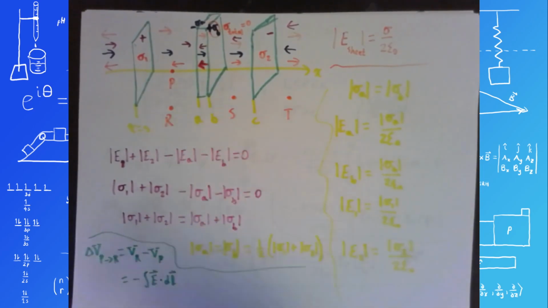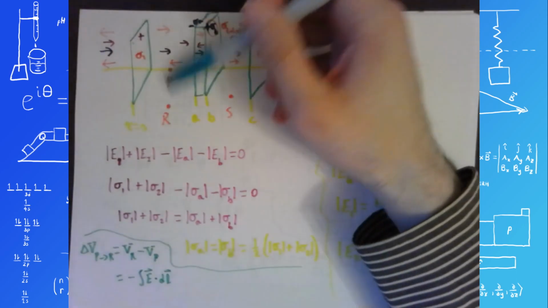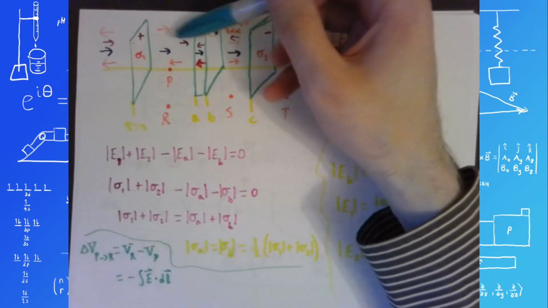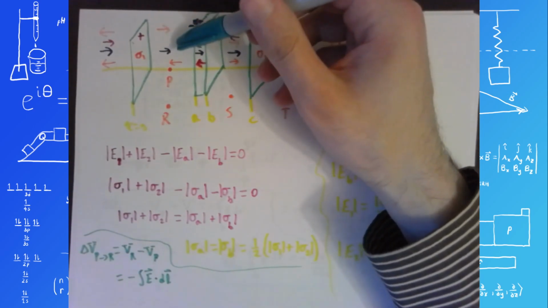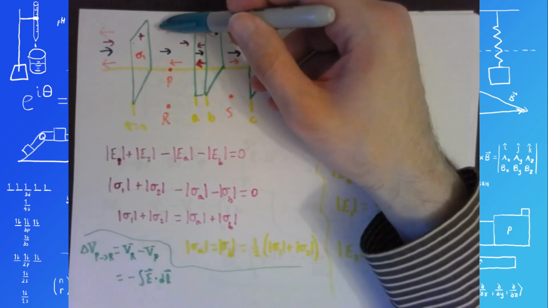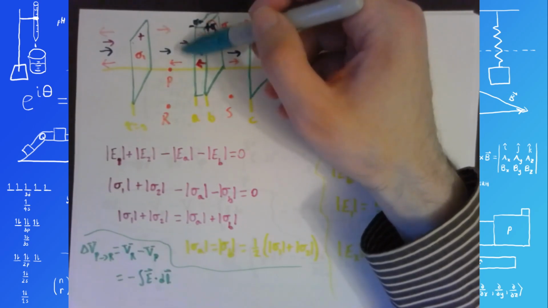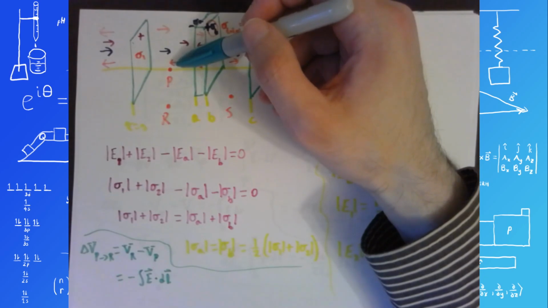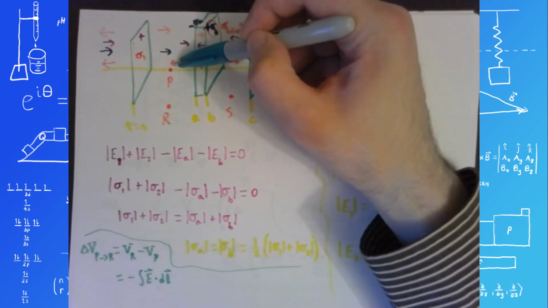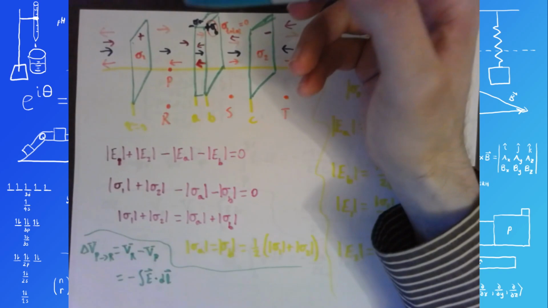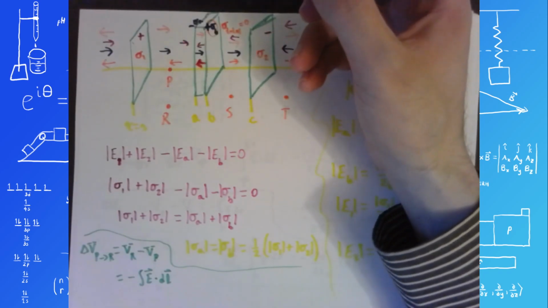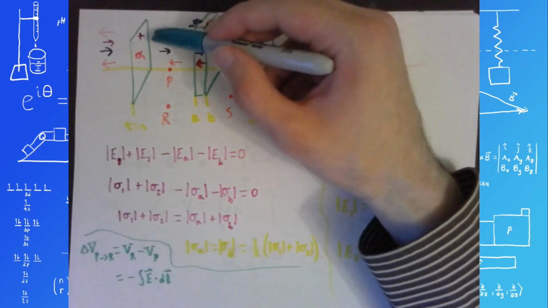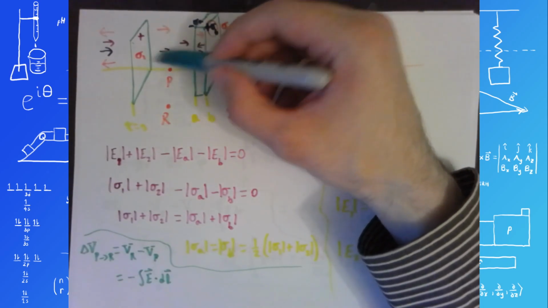The electric field in this region of space looks like it's overall going to be to the right, at least judging by the fact that I've got 3 electric fields pointing to the right versus 1 to the left. It could very well be the case that the electric field pointing to the left is much stronger and strong enough to overcome all 3 of these, but if I were a betting man, I would place my bets on the net electric field being to the right.